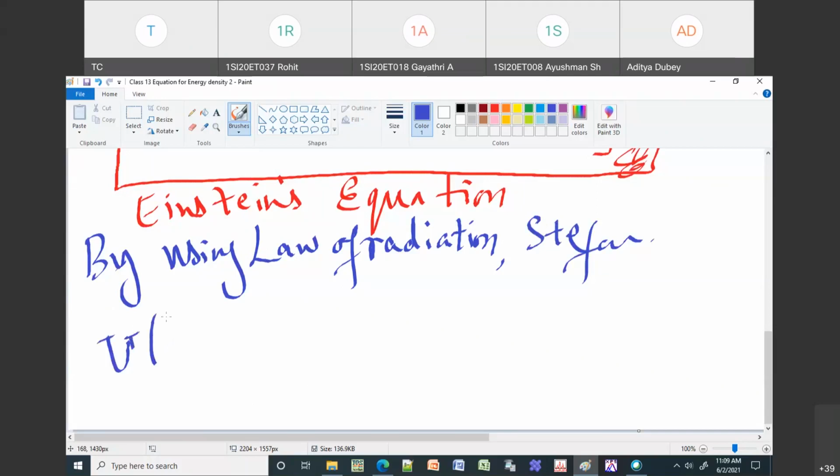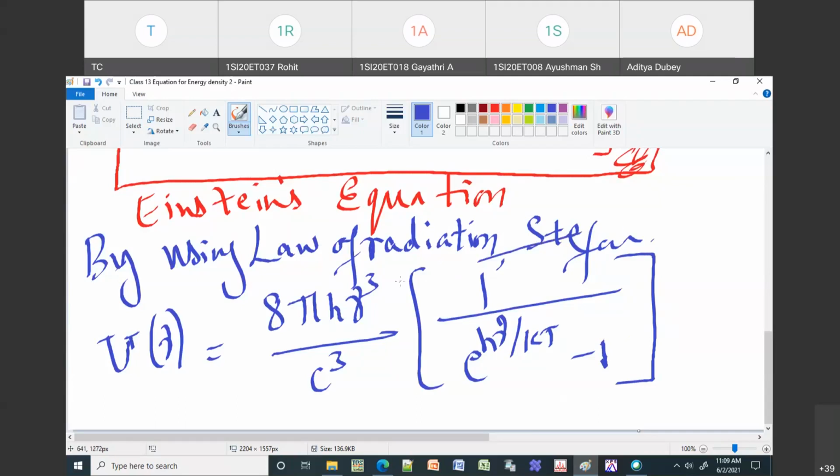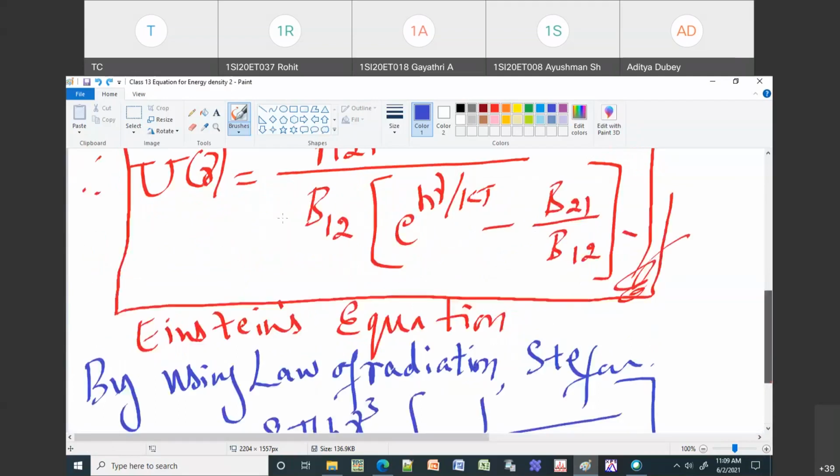U of nu, the energy density, is 8 pi h nu cube by c cube into 1 by e to the power of h nu by kT minus 1. Okay, so from the law of radiation he got this equation, and this can be compared with the previous equation which was derived by Einstein.